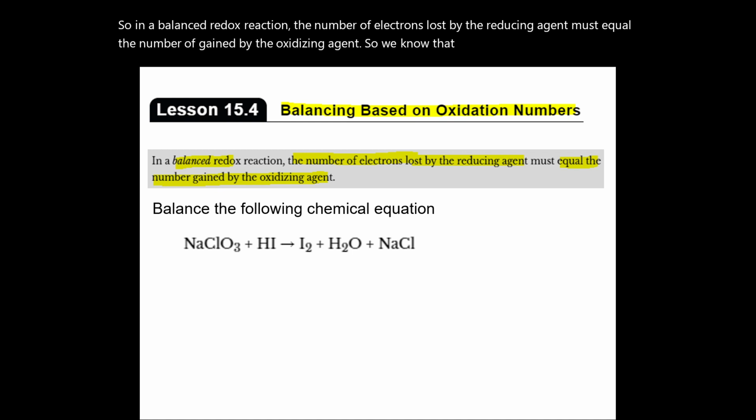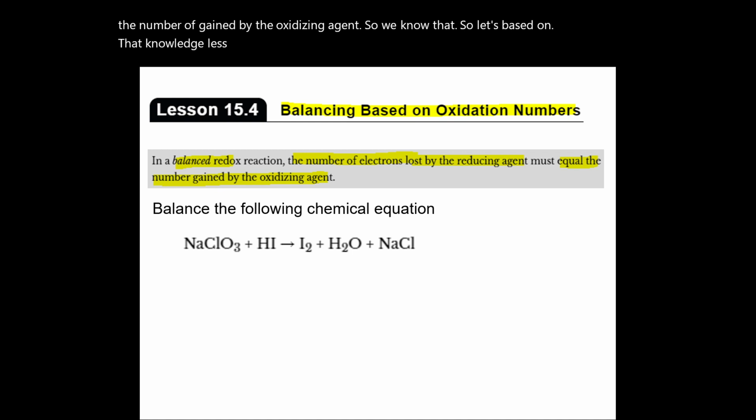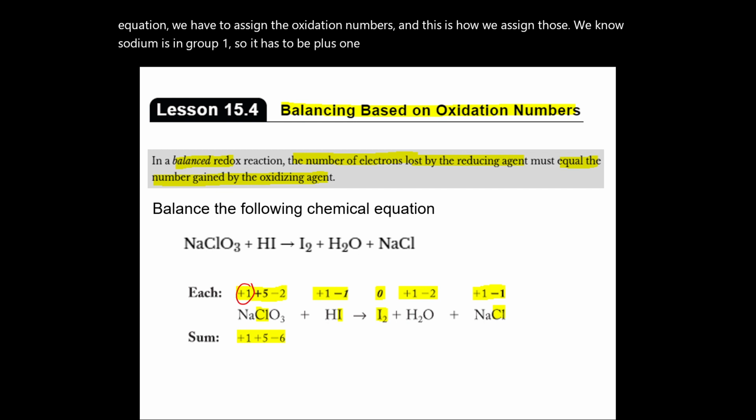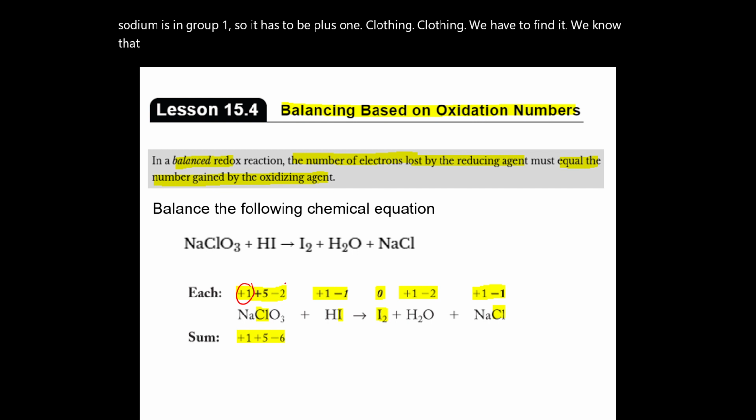So we know that. So based on that knowledge, let's balance this chemical reaction here. And again, before we balance any equation, we have to assign the oxidation numbers. And this is how we assign those. We know sodium is in group 1, so it has to be +1. Chlorine, we have to find it. We know that oxygen is -2. So we just apply the same rules that we've learned so far.